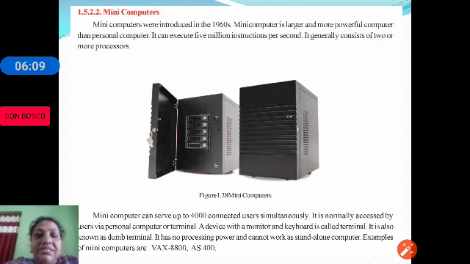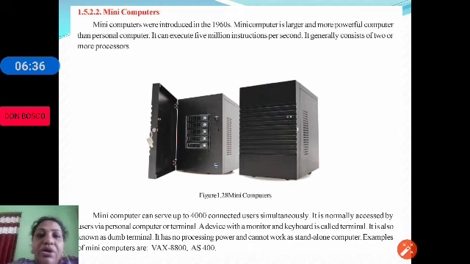That is the capacity. A microcomputer has one processor, whereas a mini computer will have 2 or more processors. Only one user can work at a time on a microcomputer, whereas a mini computer serves up to 4,000 users. A device with monitor and keyboard is called a terminal.